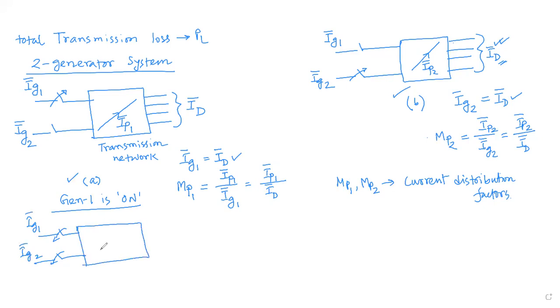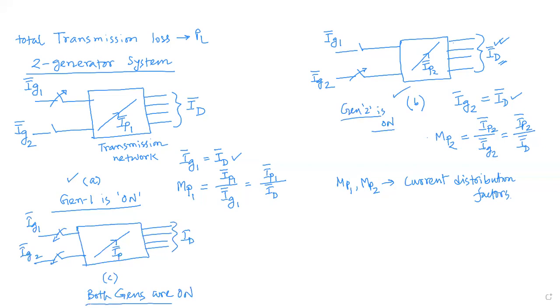This is the pth link, this is IP, and this is the combined demand ID. This is case C, where both generators are on simultaneously.